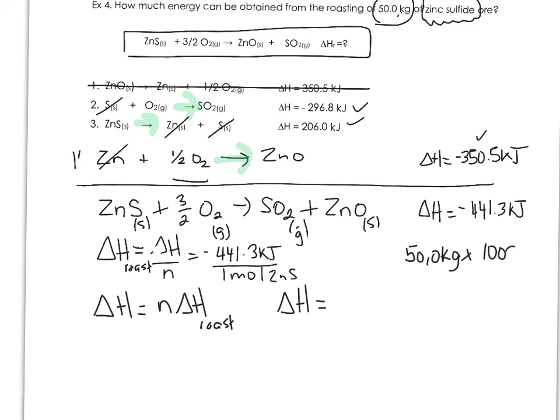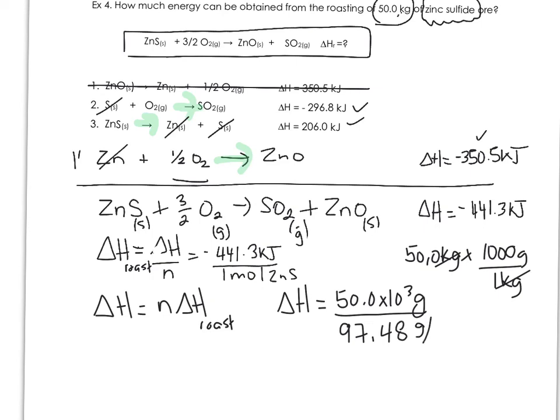So there's 1,000 grams in a kilogram. So we've got 50.0 times 10 to the 3 grams. That's not the proper way to write it, but that's how I wrote it. The molar mass of zinc sulfide is 97.48 grams per mole. And then the molar enthalpy is 441.3 kilojoules per mole.